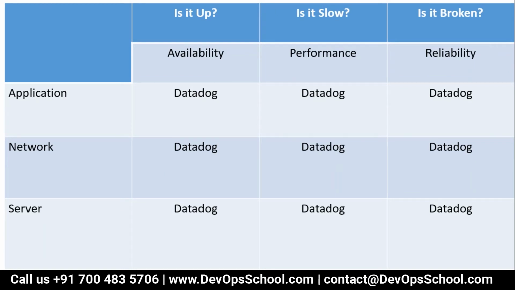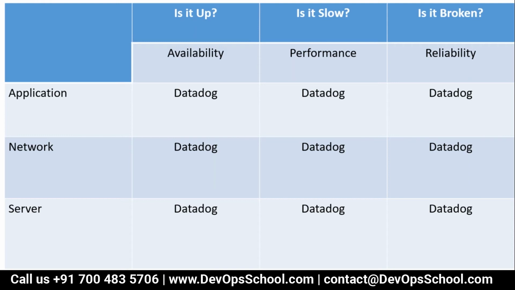So in short, guys, what you are trying to set up is observability, for what? Applications. You want to know whether my application is up, whether your application is slow, or whether your application is broken. If you want to know the application is up, that's called availability. Datadog will help you.